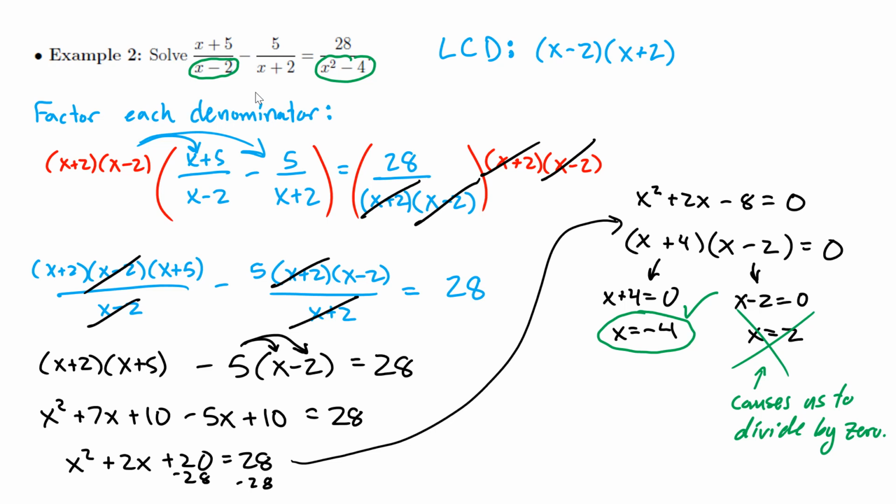And it's a lot like the same sort of reason that we got fake solutions with radicals. Up here, clearly x equals 2 couldn't be a solution. But when you multiply through by these factors here, well, this factor becomes 0 when x is equal to 2.